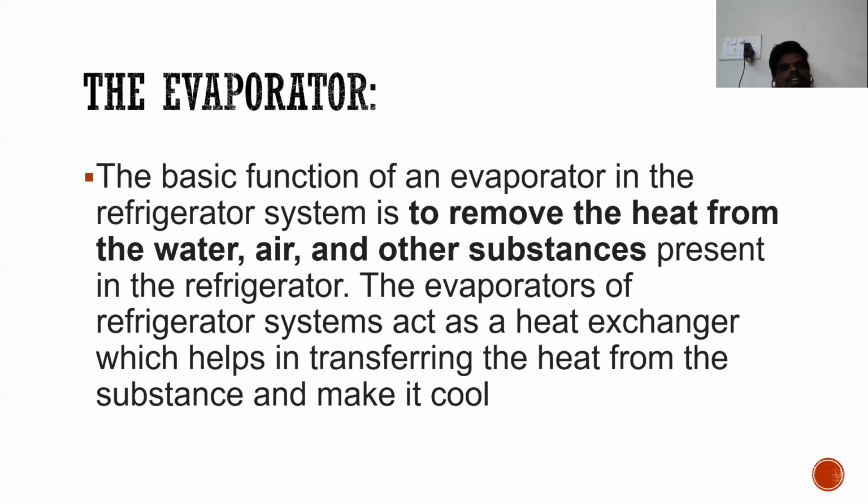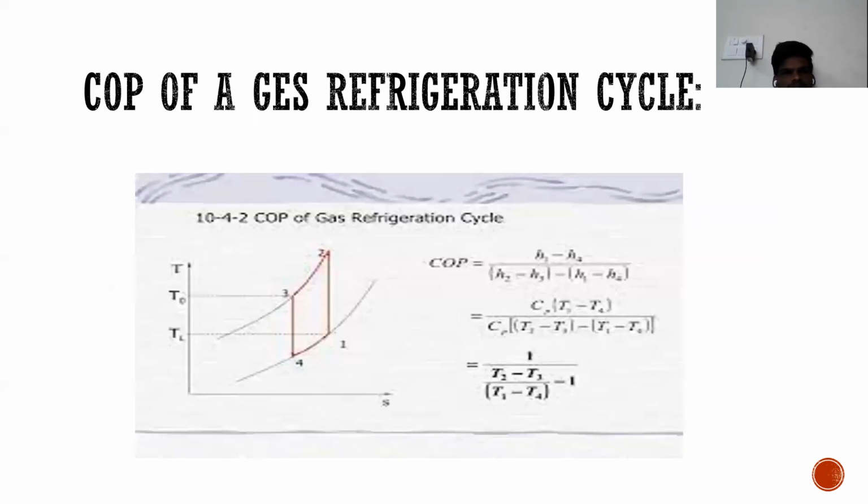It absorbs heat from the external product, and the liquid refrigerant changes phase into vapor form by absorbing that heat. This is the main principle of the evaporator in the refrigeration cycle.